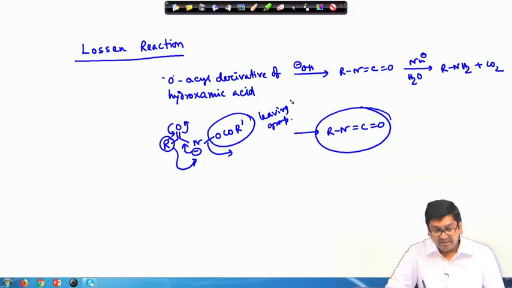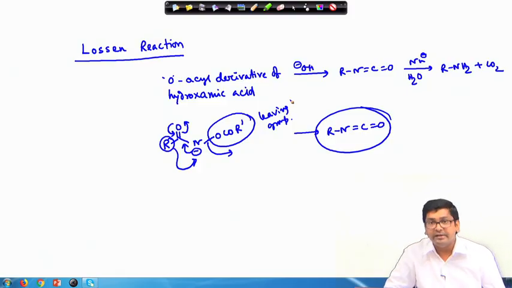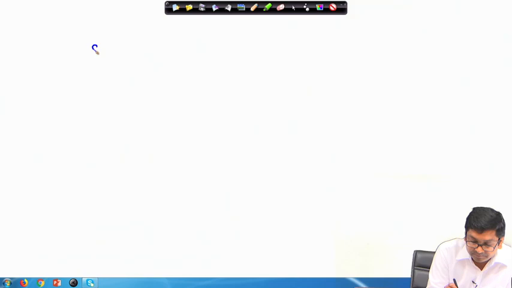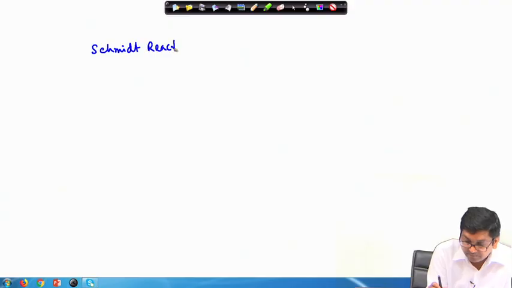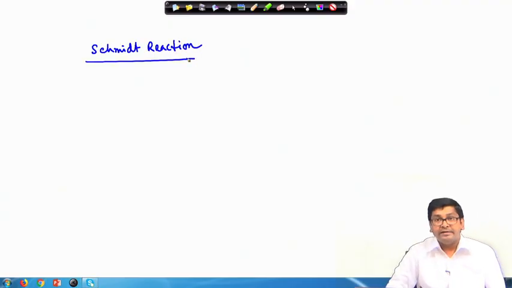Okay. Next we will learn another very important reaction, that is called the Schmidt reaction. This is more like the Curtius reaction, because in this case of the Schmidt rearrangement reaction also the leaving group is nitrogen.